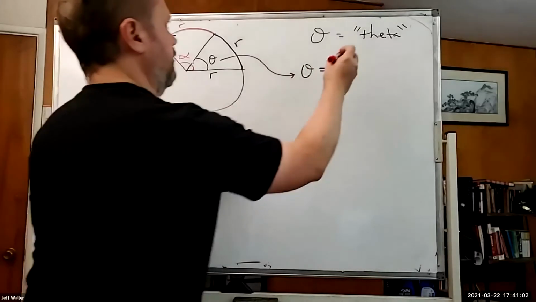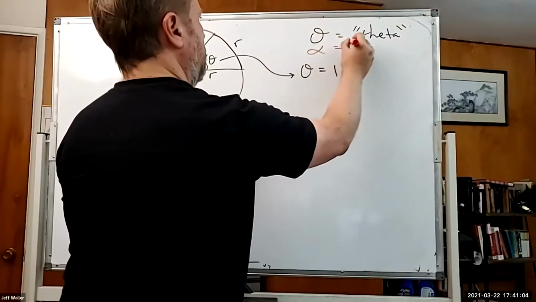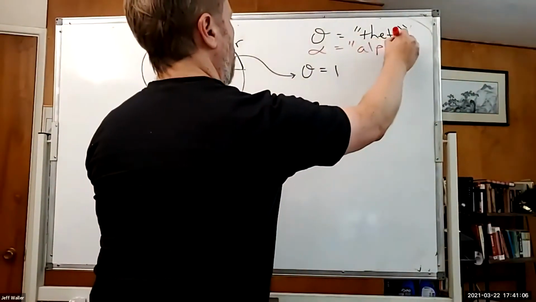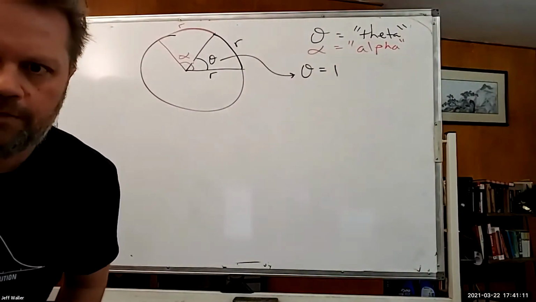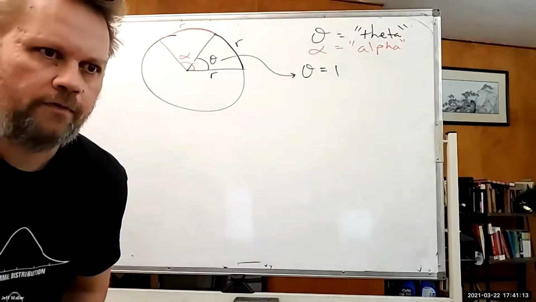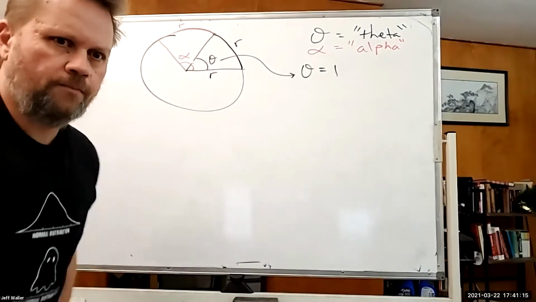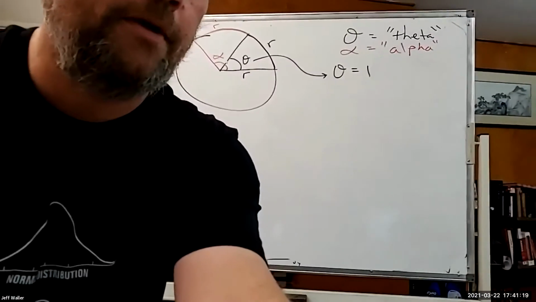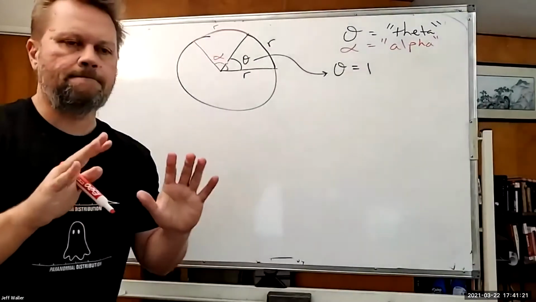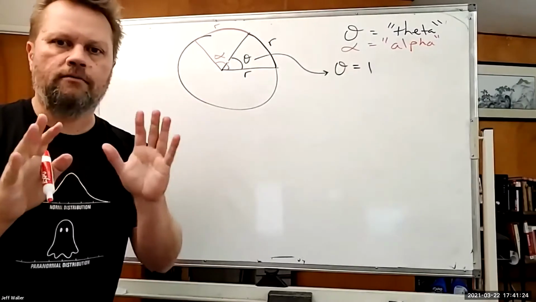Right? Alpha is a little fish dude. All right, little fish dude. Okay, so these are letters we're going to see a lot of in the near future. Let me see, I'm not really using my space well. There we go. What would that radian measure be?